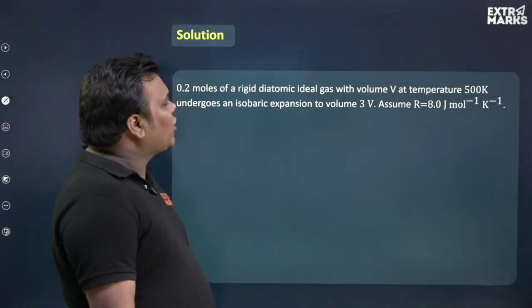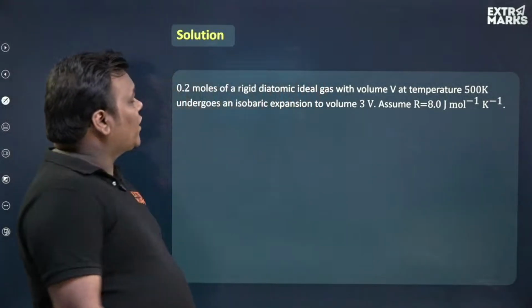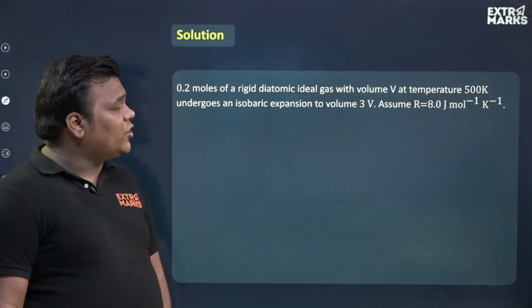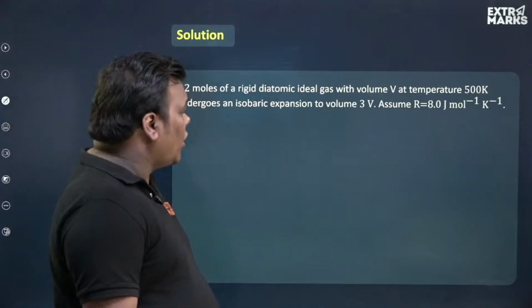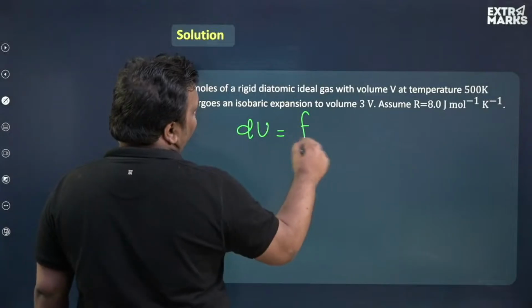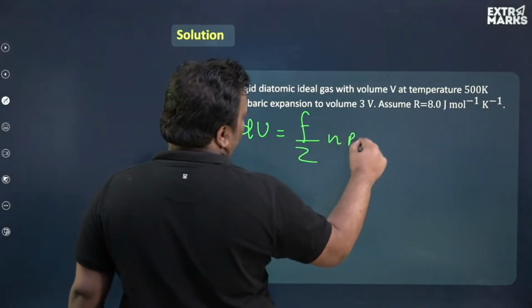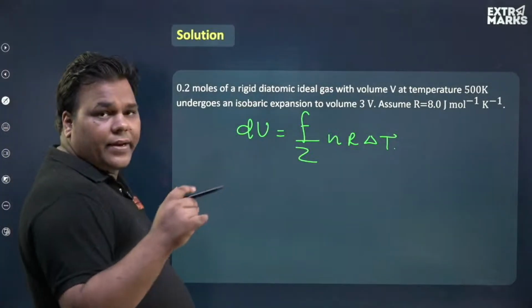0.2 moles of a rigid diatomic ideal gas with a volume V at a temperature 500 Kelvin undergoes an isobaric expansion to volume 3V. Delta U formula is given as F by 2 nR delta T. Clear?